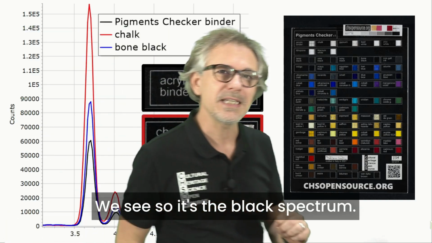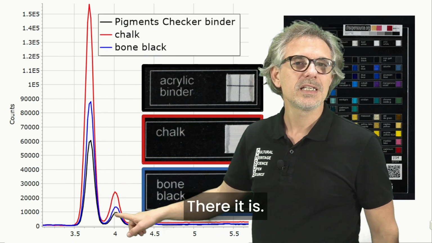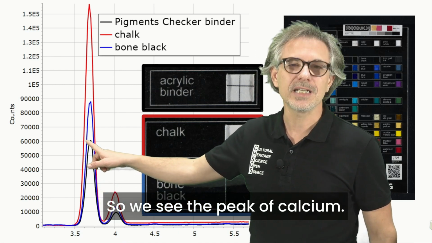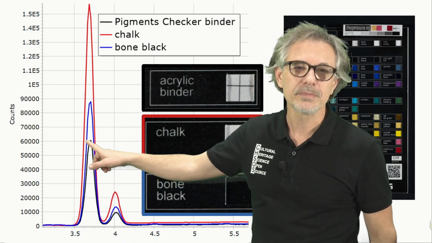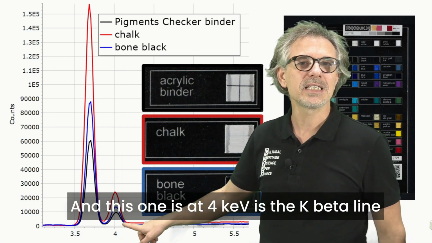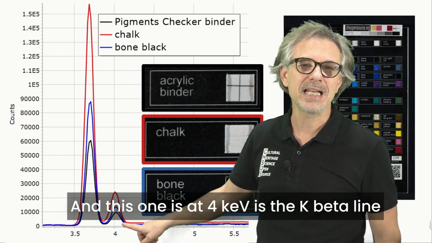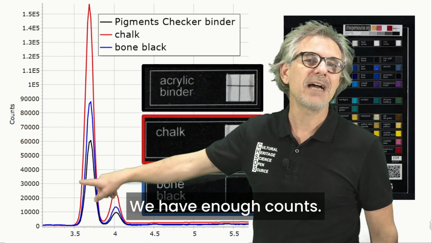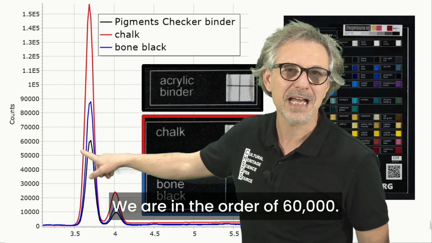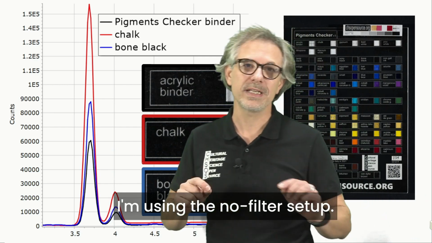It's the black spectrum, and we see the peak of calcium at 3.7, and this one at 4 keV is the K beta line. We have enough counts, in the order of 60,000, so the signal is strong. I'm using the no filter setup.